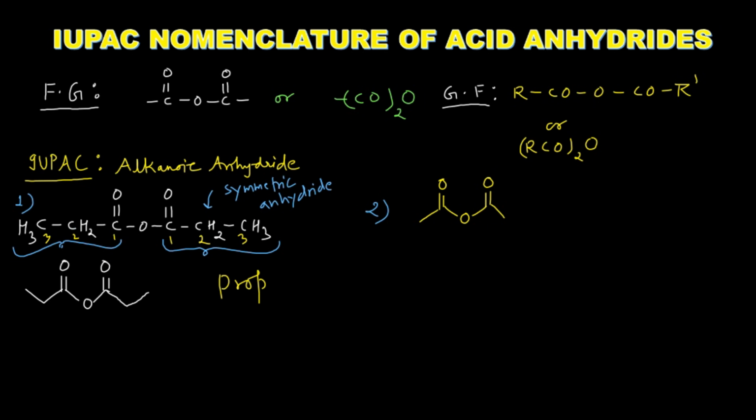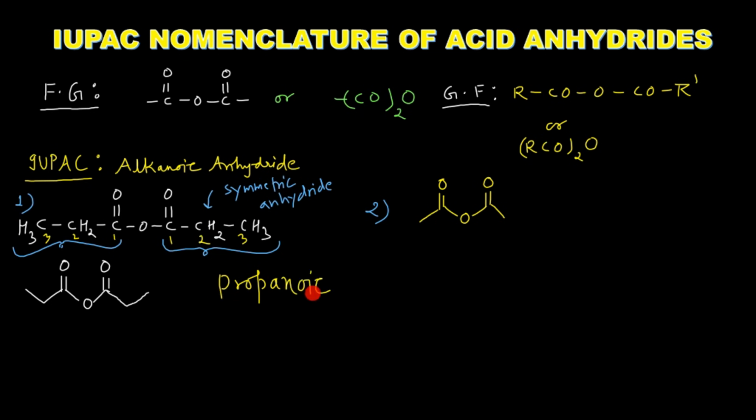And all these 3 are connected with single bonds. The primary suffix means the bonding present between the carbon atoms. So you will write propane, and then you will write oic. So it is propanoic.